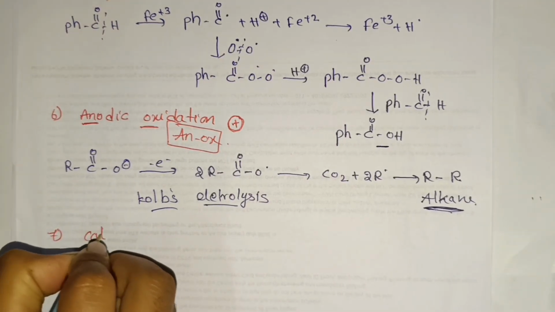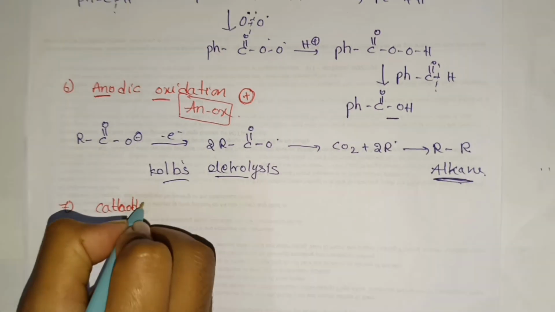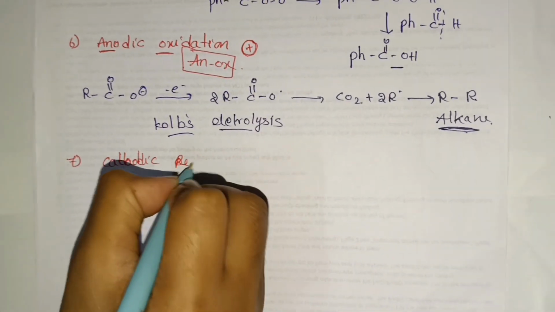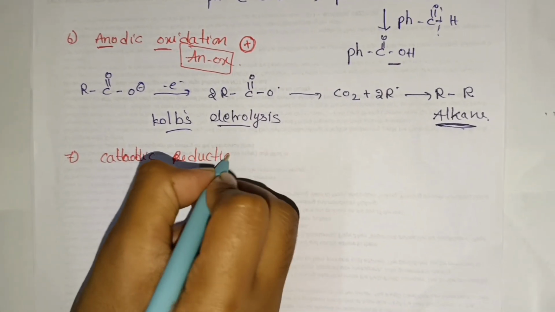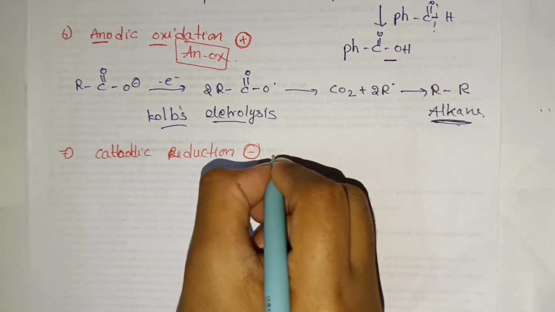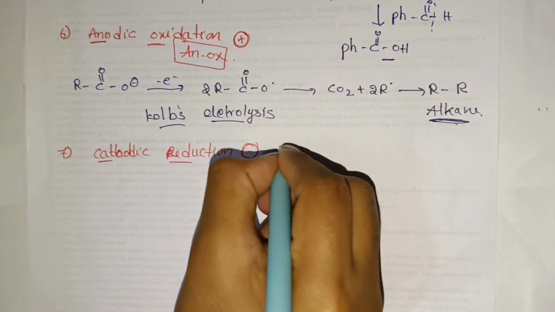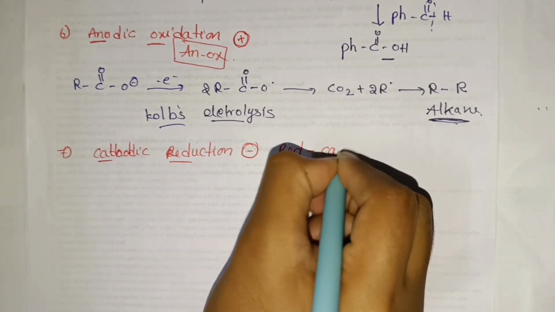Next, cathodic reduction. Cathodic reduction is negative charge. How to remember cathodic reduction? Simply, it is red cat.